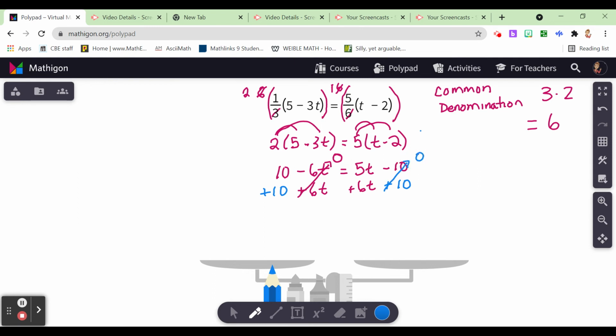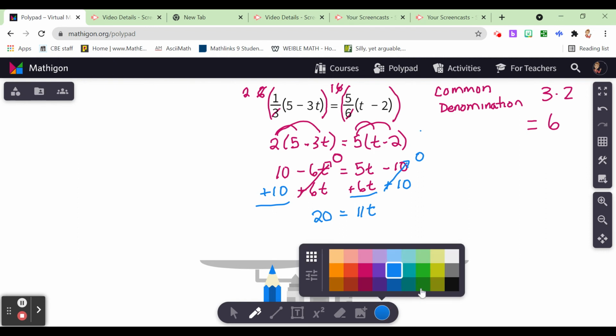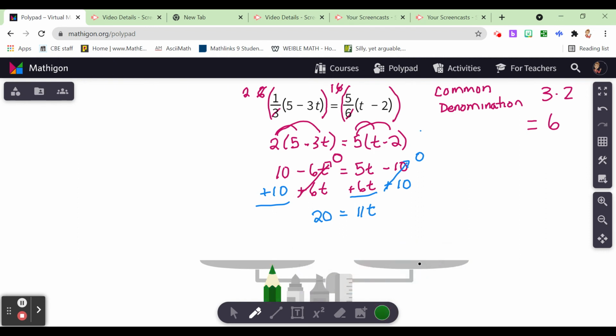Okay, and now I can go ahead and solve. So on this side, I have 20. And on this side, I have 11t. Okay, and so my last step is going to be then to divide. So these are held together by multiplying. So I need to do the opposite operation, which is divide.